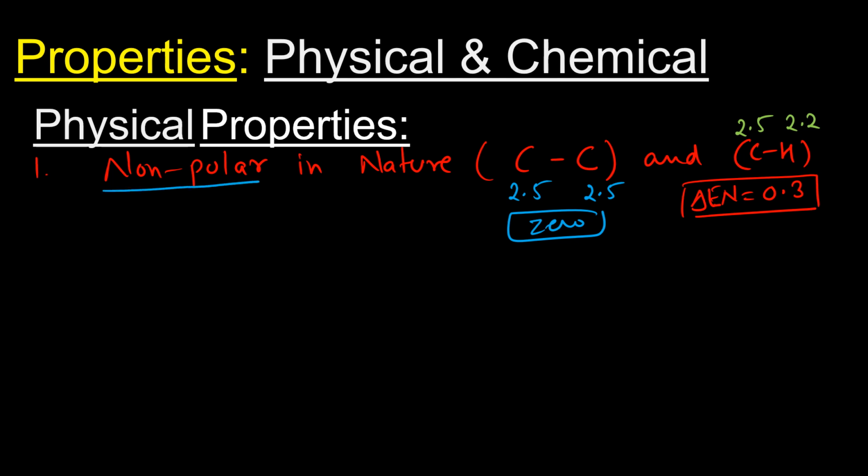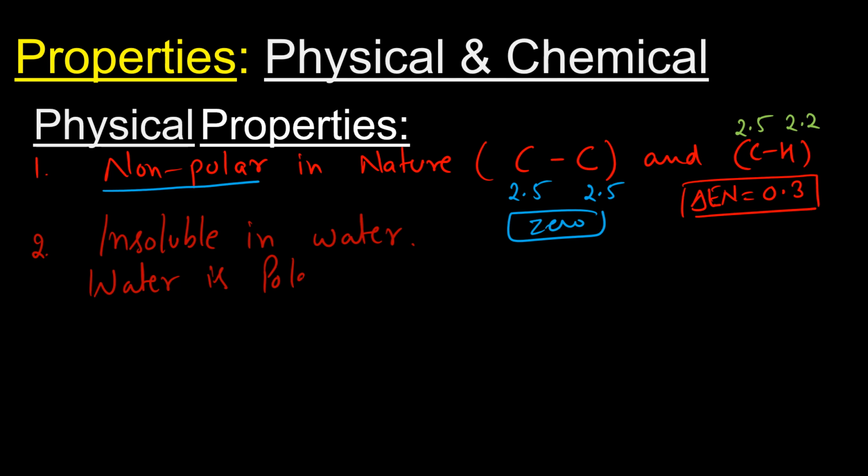Now let's do the discussion of the second physical property, that is, hydrocarbons, or you can say alkanes, are insoluble in water. Why are they insoluble in water? Because we know water is polar in nature, while alkanes, as we have already discussed, are non-polar in nature.